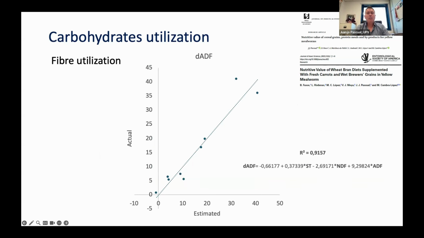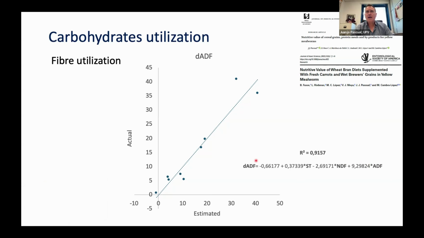And that's not enough. We must also take into account the possible effect of microbiota. In this figure, and especially in the formula that I provide, we can see that the digestibility of the ADF, acid detergent fiber, the less digestible fraction of the fiber, depends primarily on its own content in the diet.